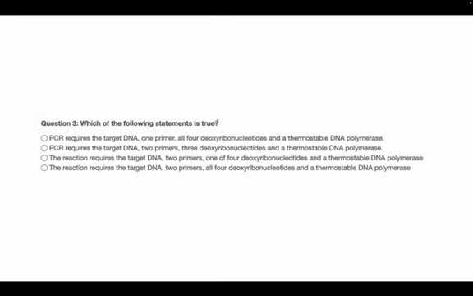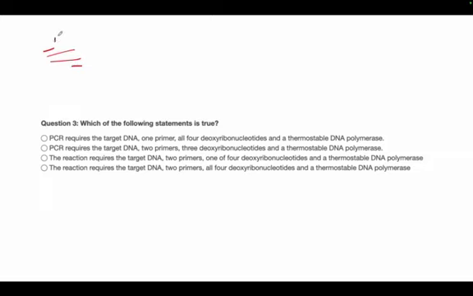Which of the following statements is true? PCR requires target DNA, one primer, all four deoxyribonucleotides and a thermostable DNA polymerase. What we do know is PCR requires target DNA. Obviously, we need primers that are going to bind on both ends of the target DNA, so we need two primers.